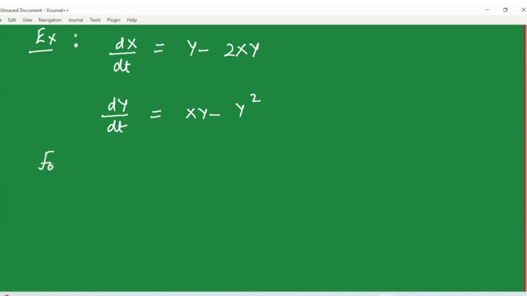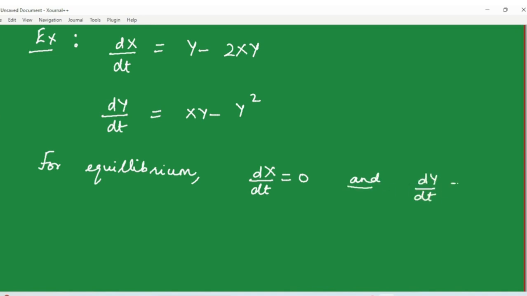Now again, I start with the same definition, because for equilibrium, what do we want? We want dx by dt to be 0 and dy by dt to be 0. Now dx by dt has this definition, so that means y minus 2xy is equal to 0, and we want xy minus y square should be 0.